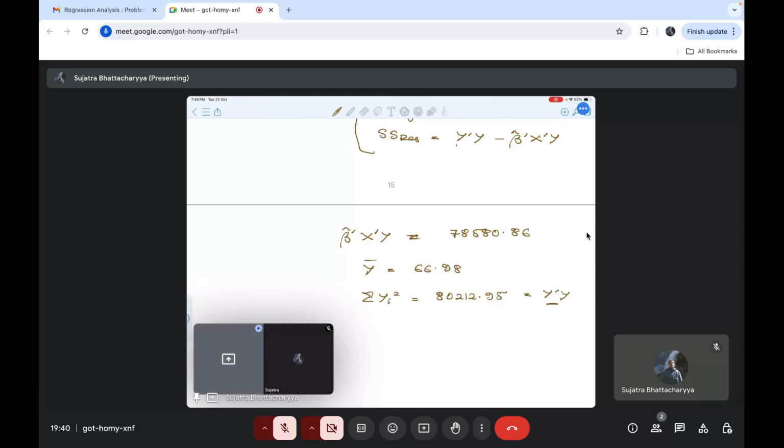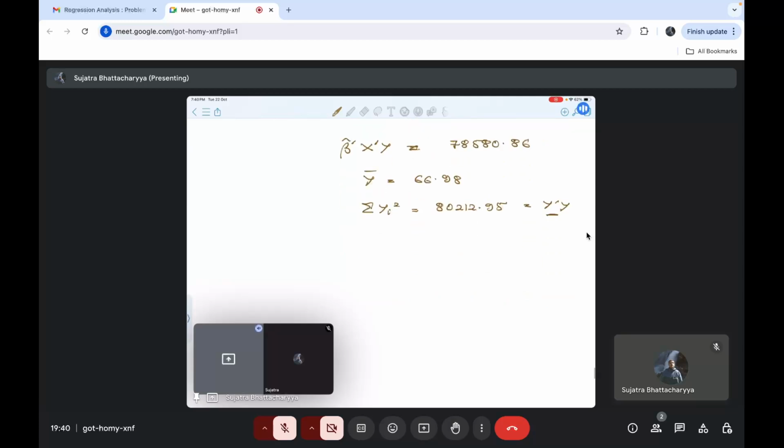So SS total is the summation of yi square minus n y bar square. n is 16, y bar is 66.98 square.